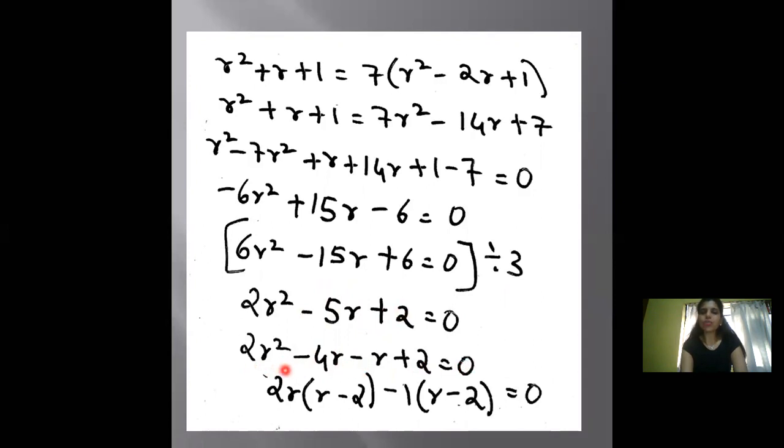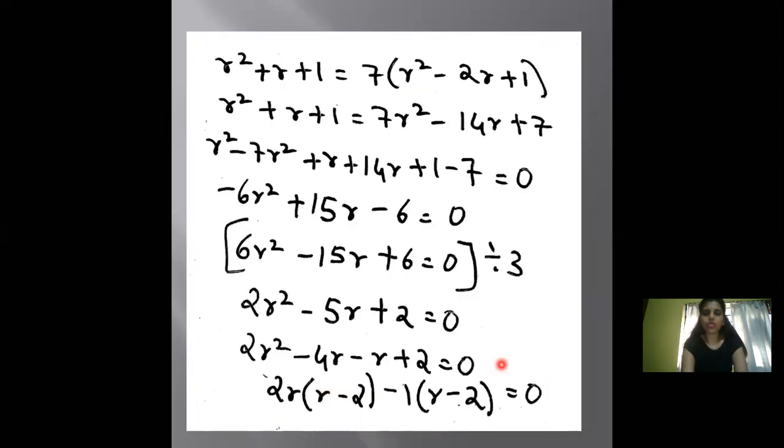Now from these two terms, pull 2r common. So you get bracket r minus 2. From these two terms, pull minus 1 common and you get the same term in the bracket, r minus 2. So then your factorization is correct, is equal to 0.